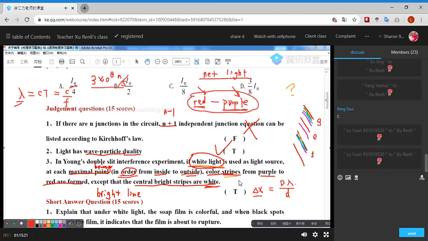Different wavelengths have different strip spacing. So when we use white light to do the experiment, we get colorful strips, from purple to red. So it's right for this question.